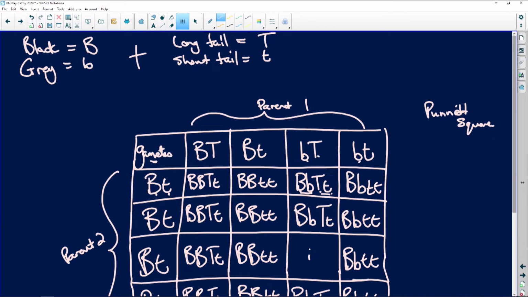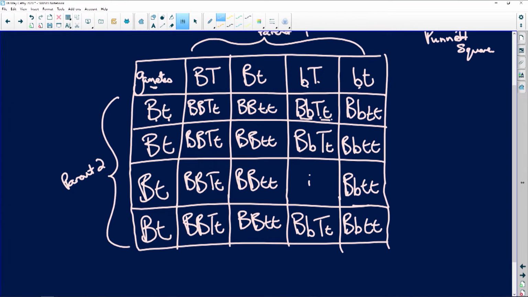Alrighty, now it says the Punnett square below shows the parts of the cross between two mice. Genotype 1 has been left out. So honestly, what can genotype 1 be?